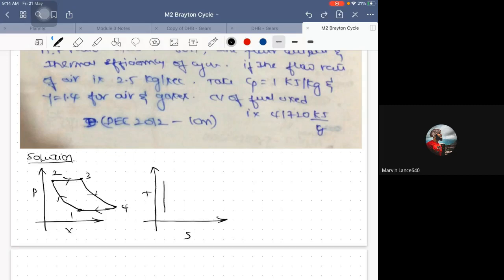So 1 to 2 is adiabatic compression. Same thing, adiabatic is nothing but isentropic. Next is heat addition isobarically. Whenever it is a curve in the PV diagram, it will be a straight line in a TS diagram. If it is a straight line in a PV diagram, then it would be a curve in a TS diagram.